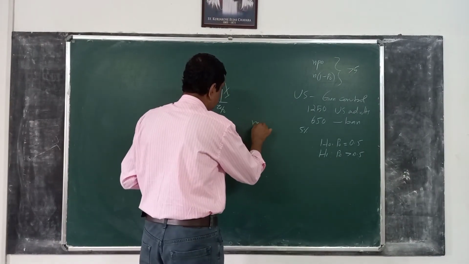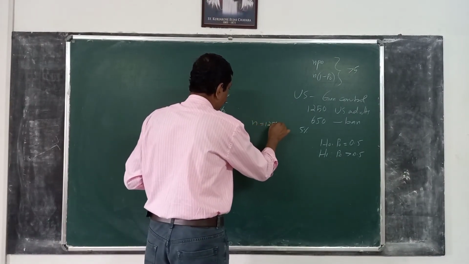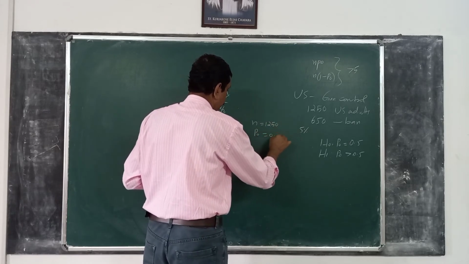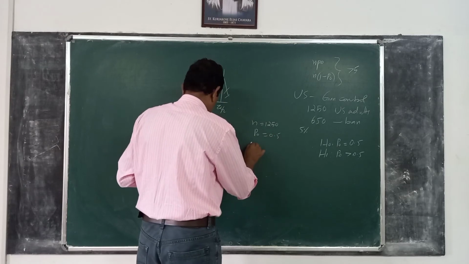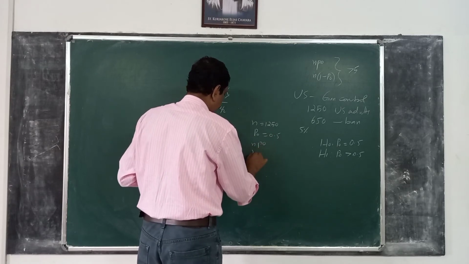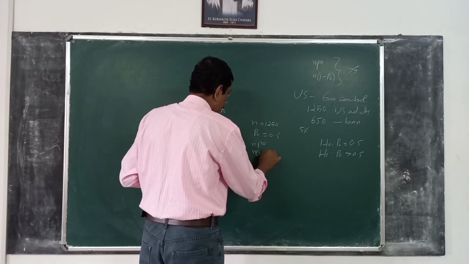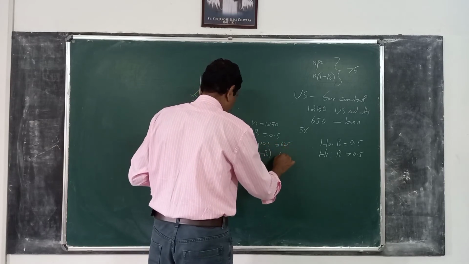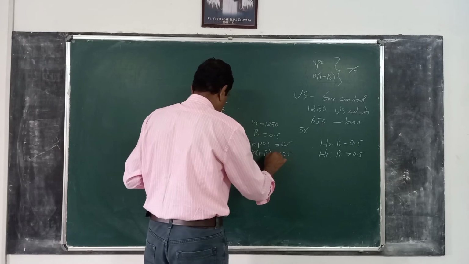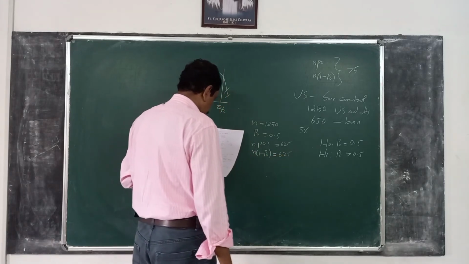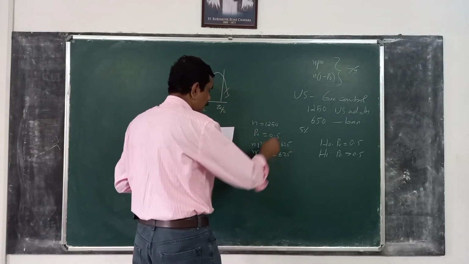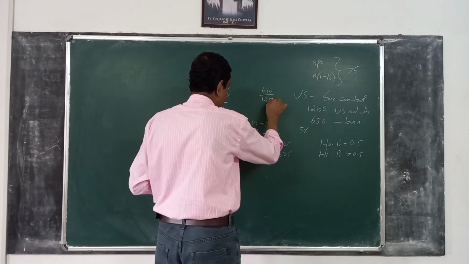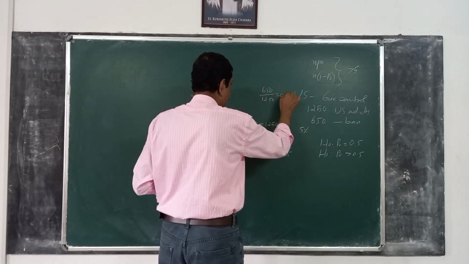Now n is 1,250, p0 is 0.5, and n into p0 and n into 1 minus p0 are 625, both greater than 5. Now 650 by 1,250 is 0.52.